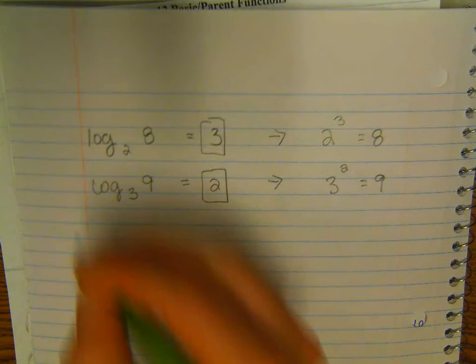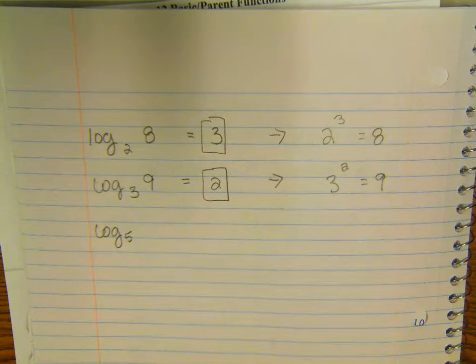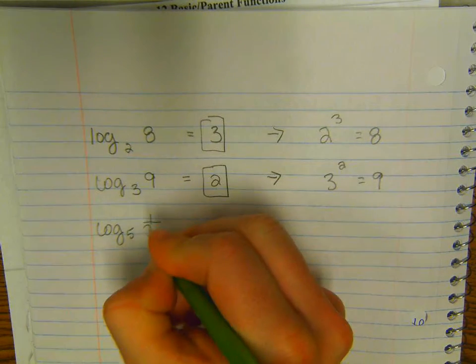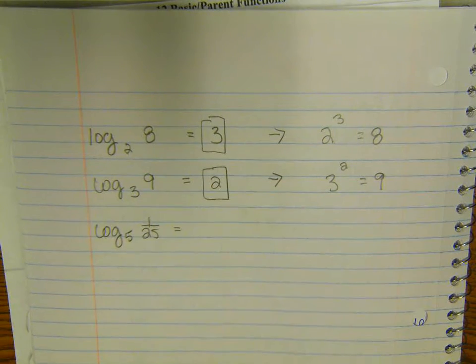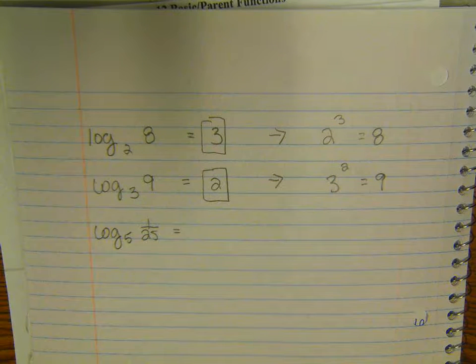Log base 5 of 1 over 25. Negative 2. Yeah. Oh, let's do one with a half though, so you can see what that looks like.